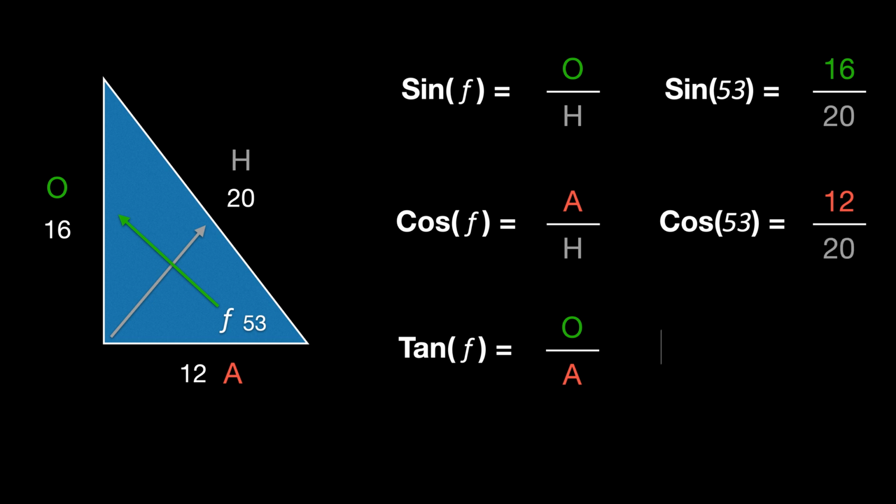And then for tangent, 53 goes in the parentheses as well, and it's O over A, so O is 16 and A is 12. So we have all of our ratios for this triangle set up. Again, we'll take a look at what this means if you plug into the calculator. These are all equal sides.